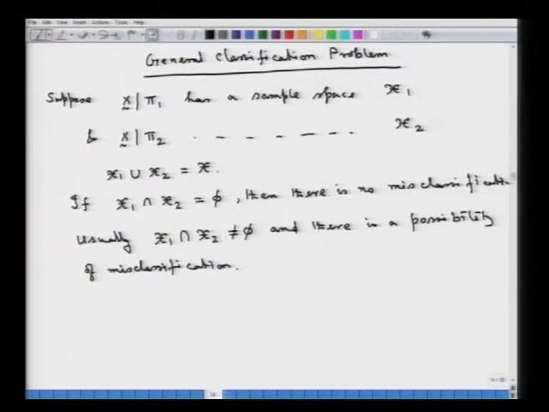Now, since there is a possibility of misclassification, we will look at a cost which may be associated with such a misclassification. So, if script x1 intersection script x2 is not equal to phi, there is a chance of misclassification.